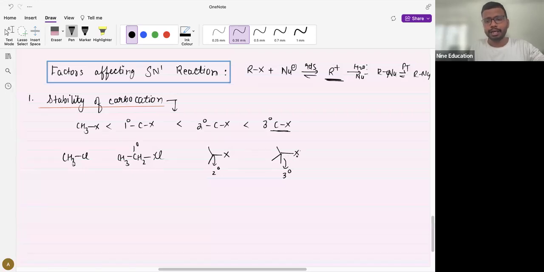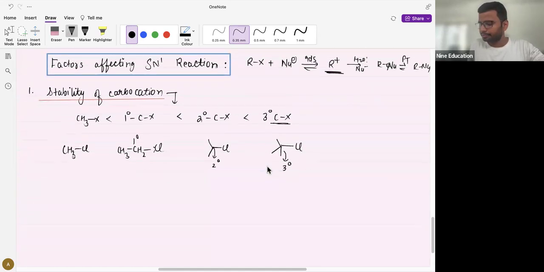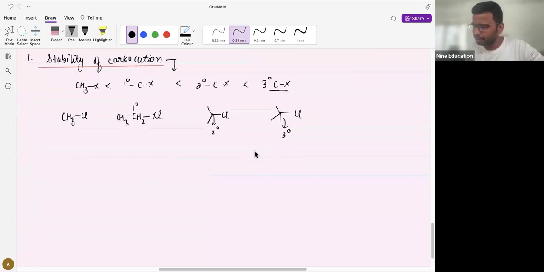Therefore, the rate of the reaction of this 3 degree Cl will be more. ये तो स्टेबिलिटी ऑफ कार्बोकैटायन आपको पता ही है.